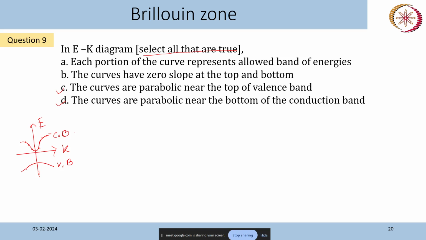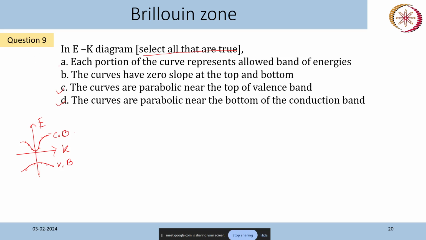Then again, these energies are allowed, and electrons can occupy them. So if an electron is at the top part of the valence band and gains energy, then it can go to here, not here or here, because there are no energy states.